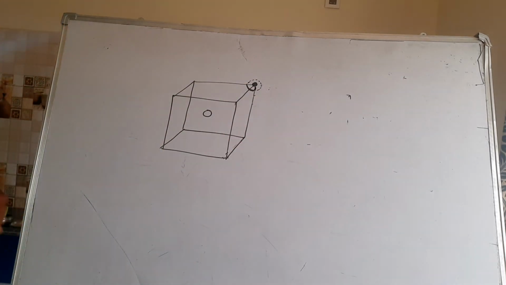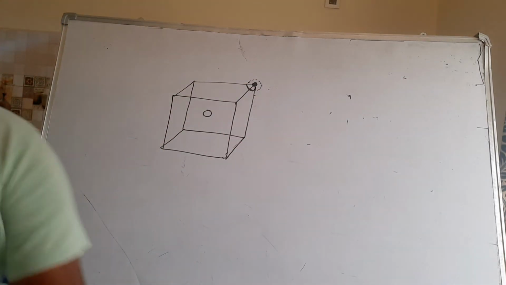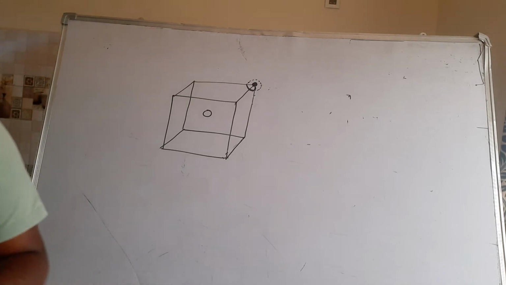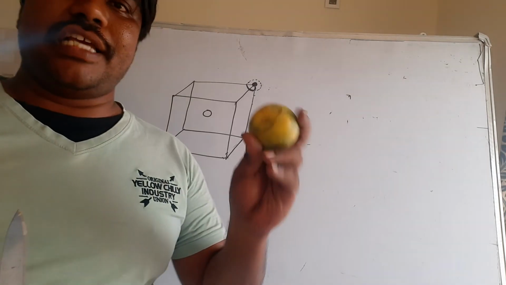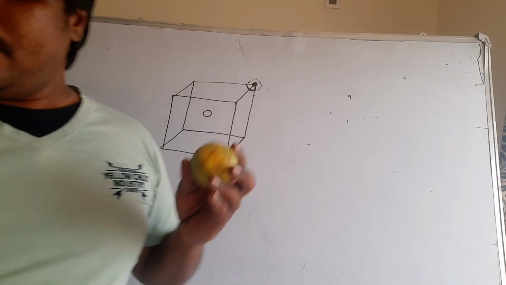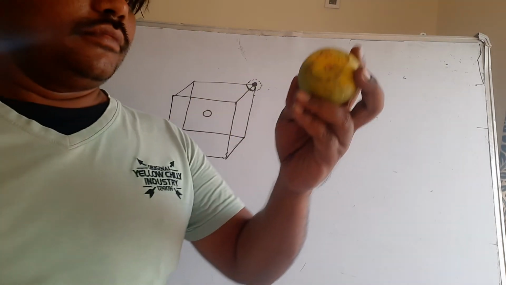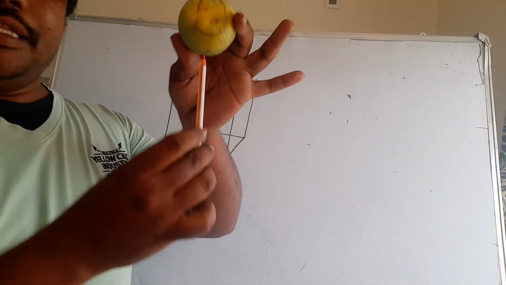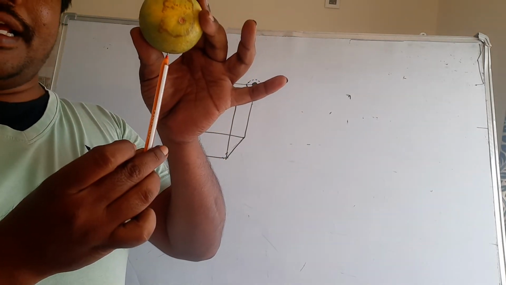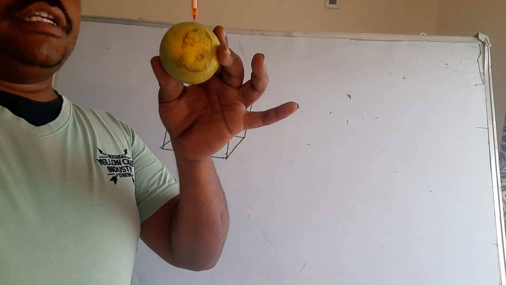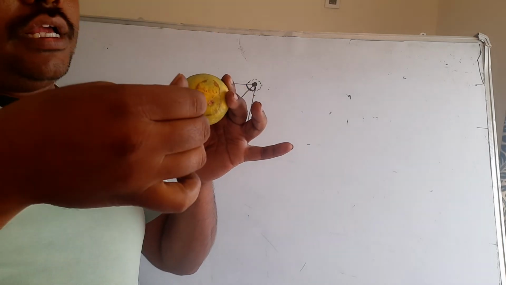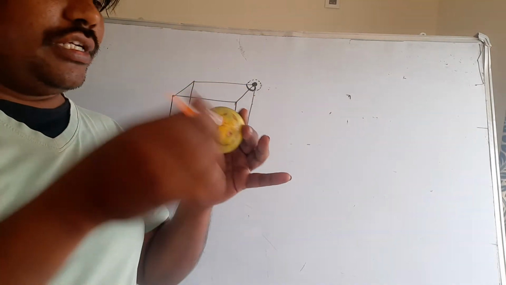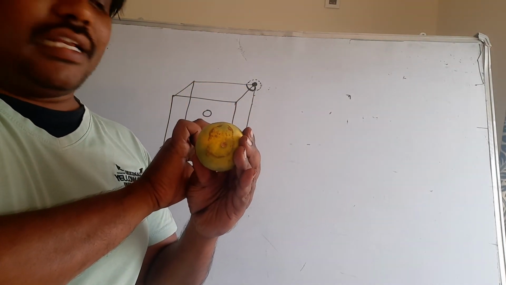So we have to identify the contribution of a lattice point at a corner. Let me explain. Take this as a unit cell. From this side you can insert an edge, oppositely another edge, in this direction another edge, and from backward another edge.